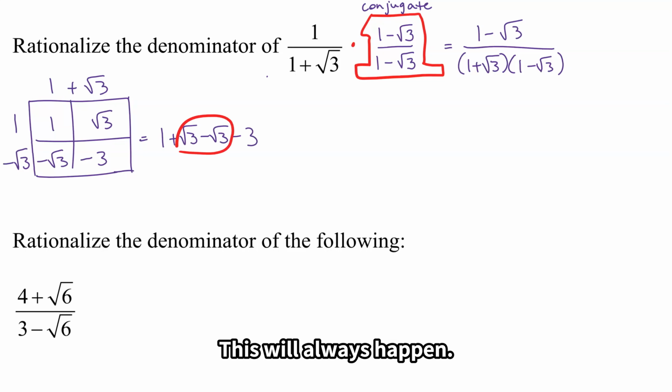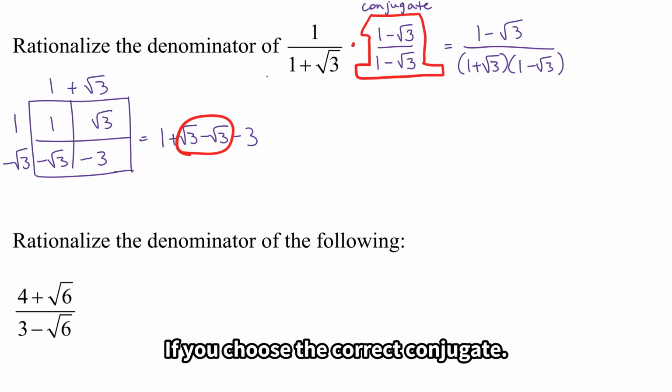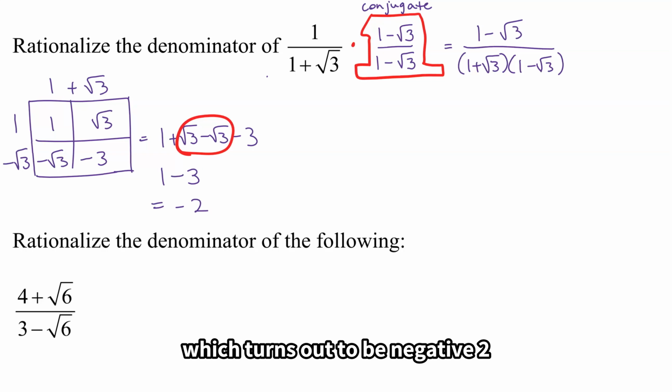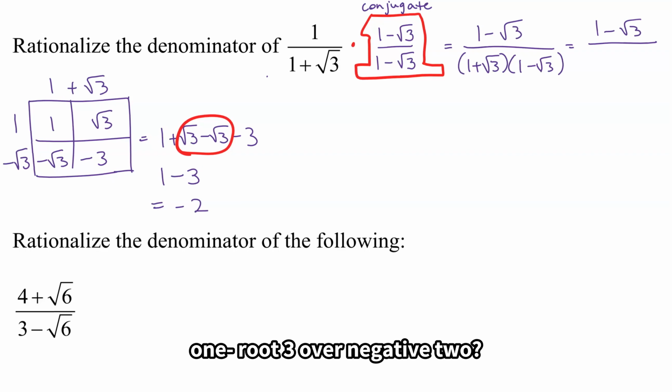And you may see it. This will always happen if you choose the correct conjugate. The middle terms cancel. And we are left with 1 minus 3, which turns out to be negative 2. So in our fraction up here, 1 minus root 3 over negative 2.